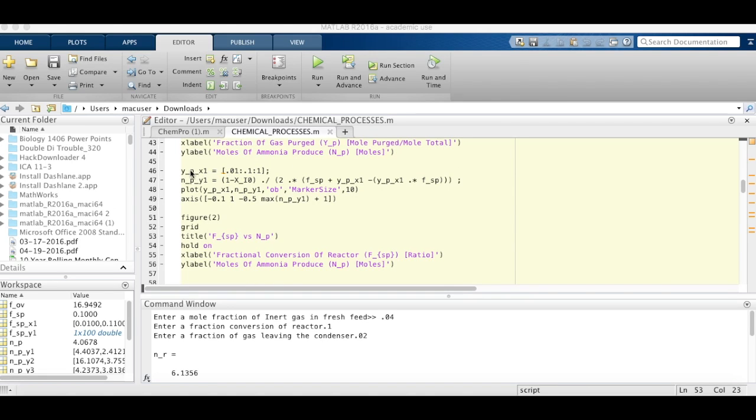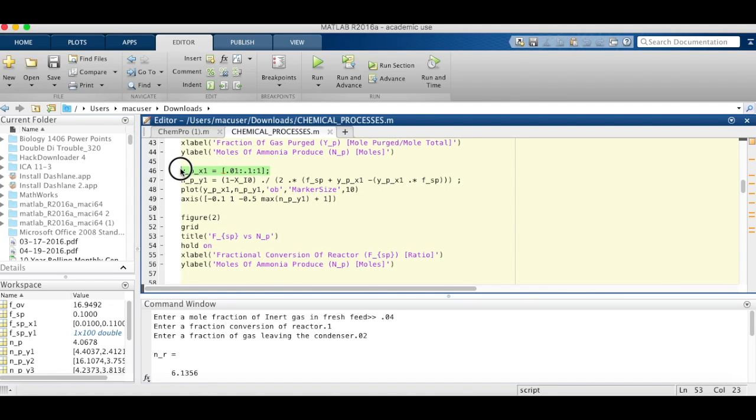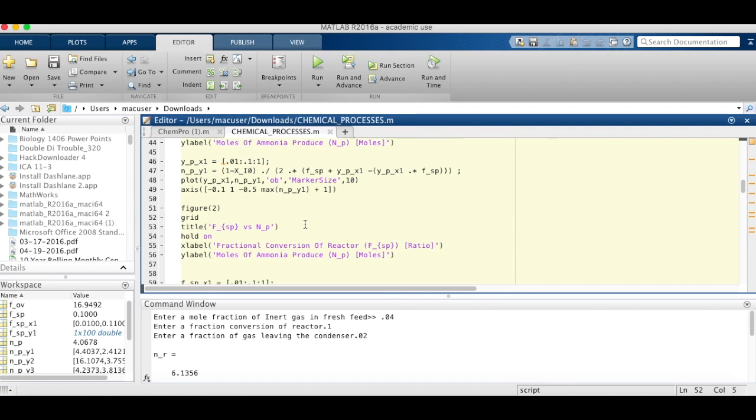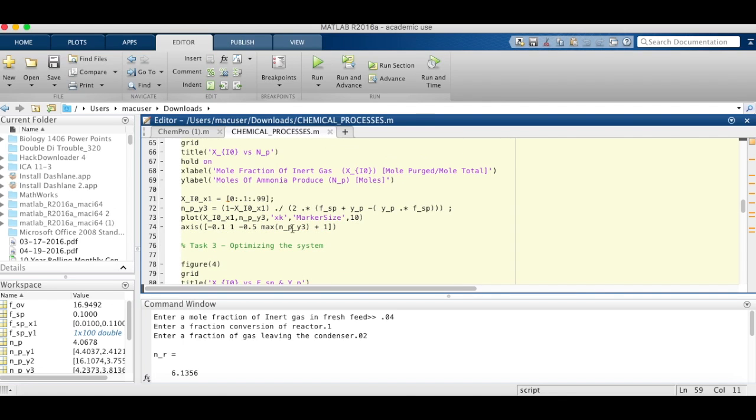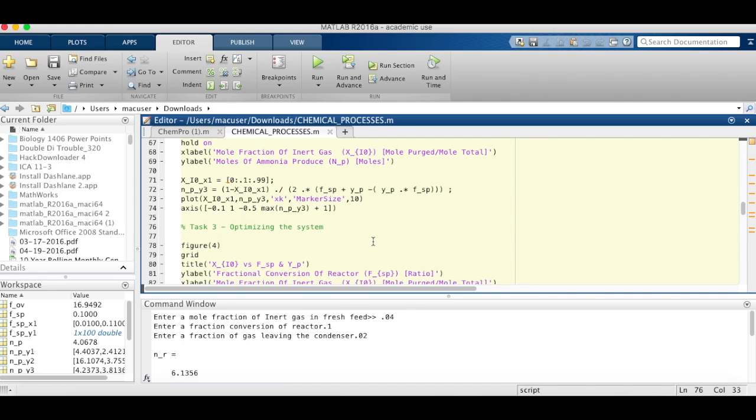all 3 of them had a range of numbers that it was gonna take and plot, like right here. And as X initial naught was from 0 to 0.999, we graphed those.